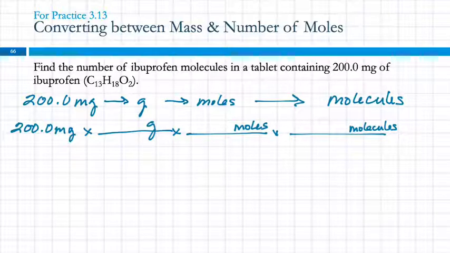No, just get the units in there. And then the moles go down here, and the grams go down here, and the milligrams go down here. So the milligrams cancel, the grams cancel, the moles cancel, and I get the desired unit. This now tells me where to put the numbers.